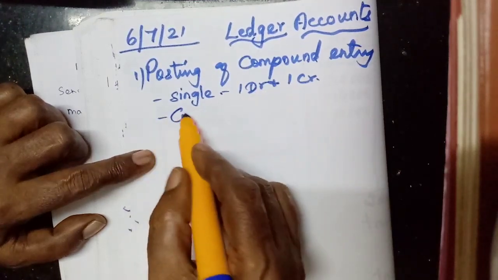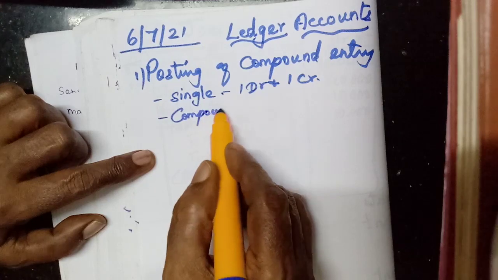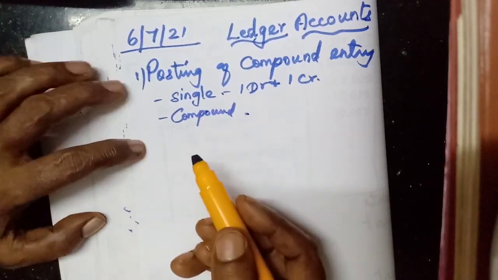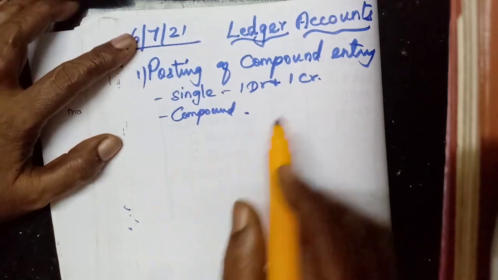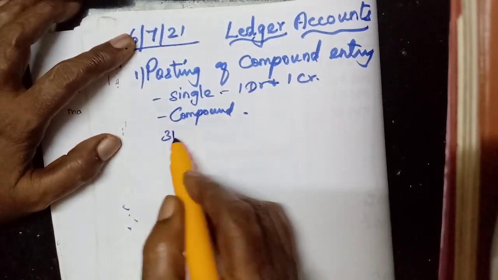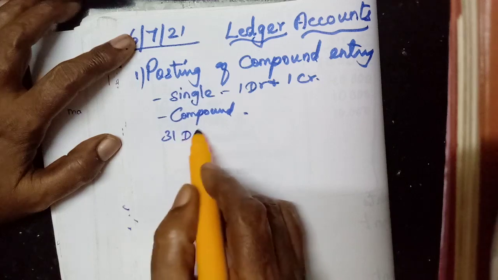Now, what is a compound entry? I will tell one example. For example, we are paying many expenses on a particular day, 31st December.